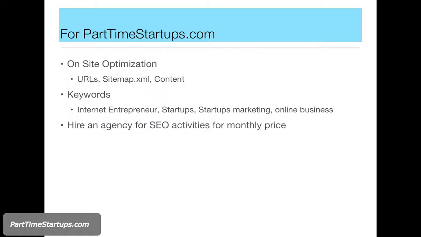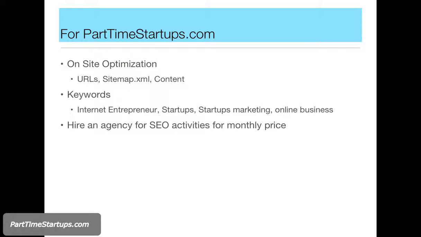And I'm going to hire an agency for SEO activities at a fixed monthly price. I cannot spend $1,000. Probably I'll look for someone to spend 10 hours a week. That way, 4 weeks, 40 hours, maybe $5 per hour, maybe $200 per month. Again, if I spend less, I'll get a lower quality person.